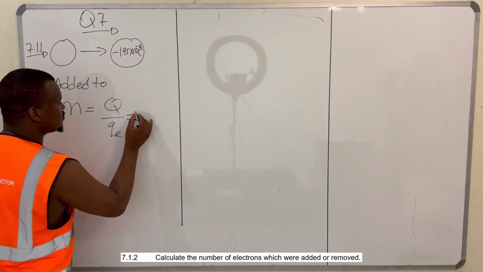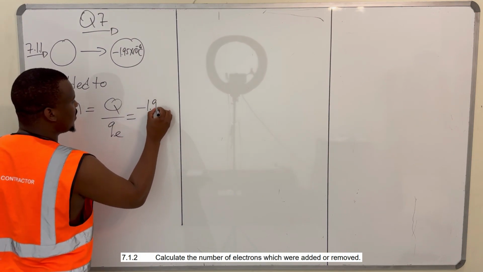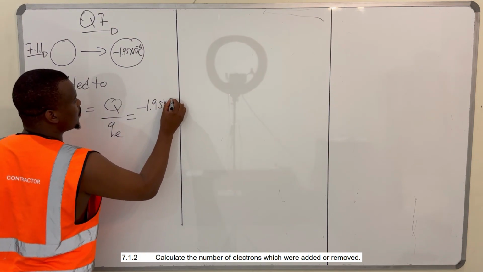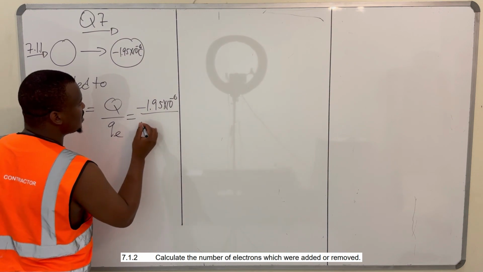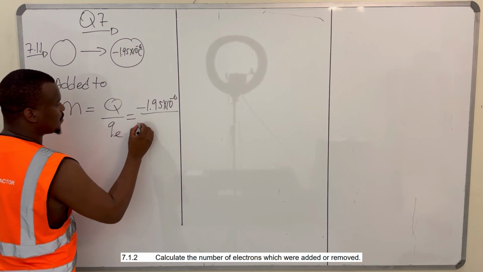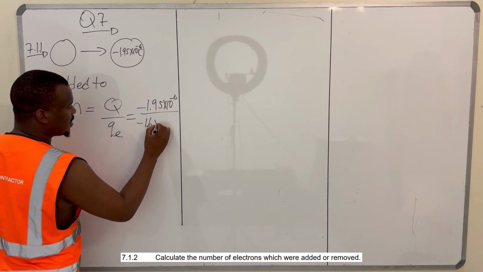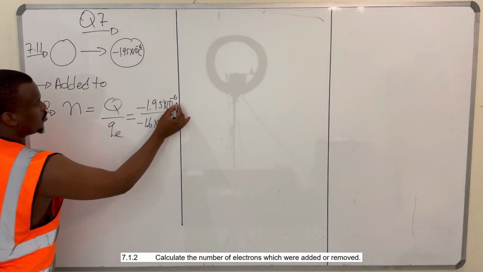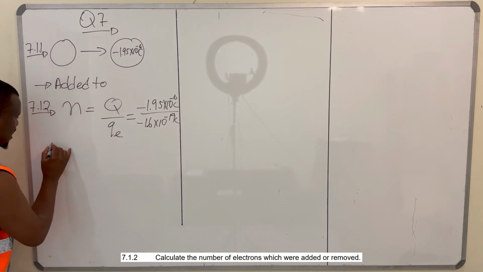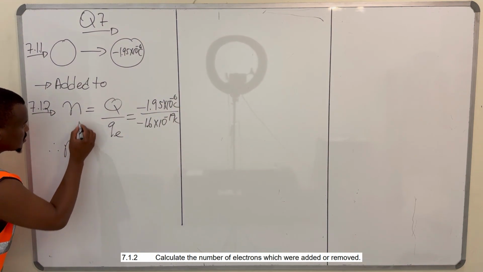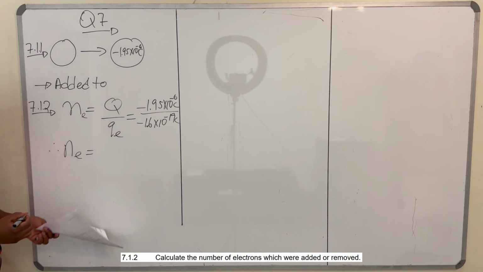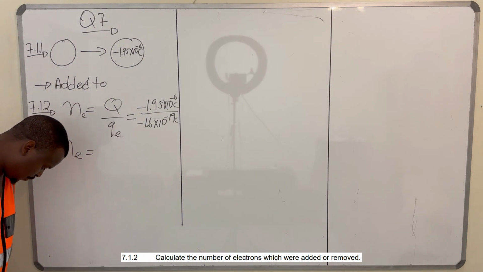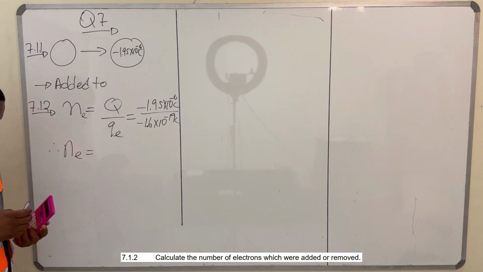So what is the current charge of the sphere? It's minus 1.95 times 10 to the power minus 6 coulombs divided by the electron charge, which is minus 1.6 times 10 to the power minus 19 coulombs. So the coulombs cancel each other out. Therefore, your number of electrons is equal to the answer to that, which I'm going to punch now and see what we get.